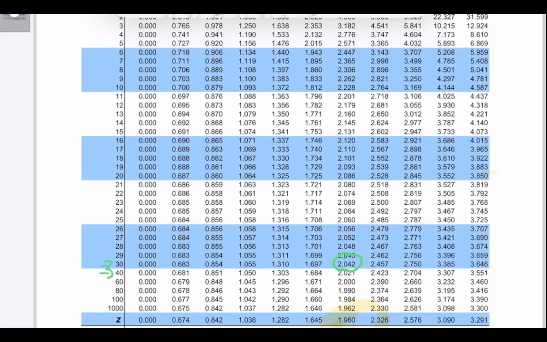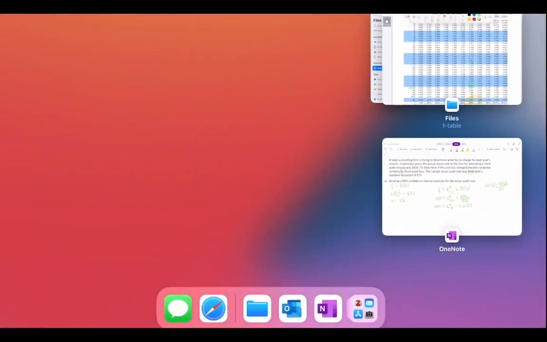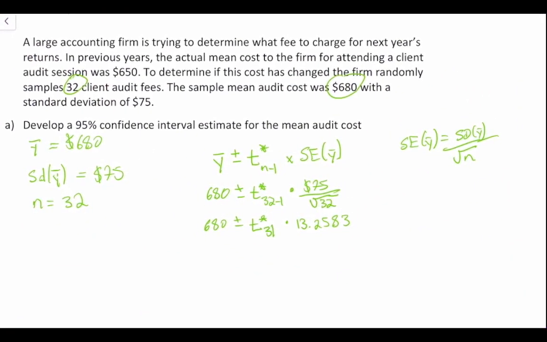Now, there is a more precise way to calculate this T critical value without computation. Of course, if you have the luxury of computation, you can find this value exactly. But you can also use a method called interpolation to estimate your t-critical. We will cover that in another video. So for now, let's just use 2.042 as our estimate for our t-critical.